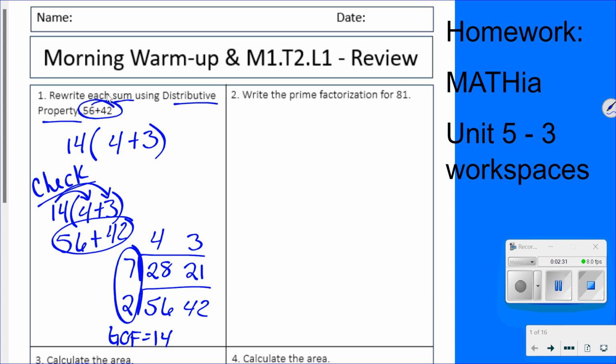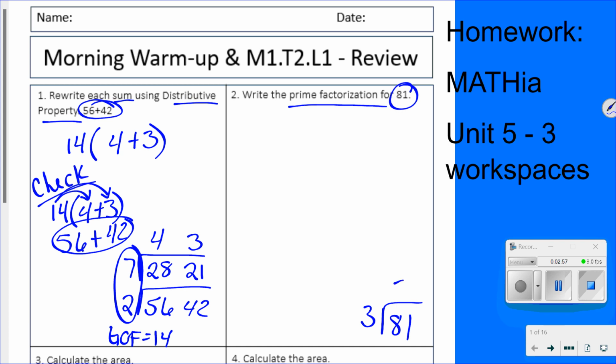Number 2, write the prime factorization for 81. Please make sure you are marking your text. Get into the habit of marking your text, please. All right, 81. What number am I going to start with to find my prime factorization? Yes, 3. 3 goes into 81 how many times? How many times, guys?